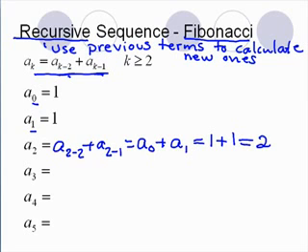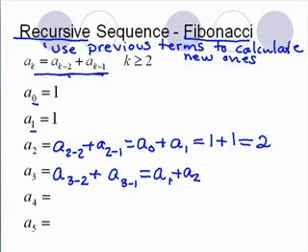Let's do a sub 3. Using, again, the recursive relationship, a sub 3 minus 2 plus a sub 3 minus 1 is going to equal a sub 1 plus a sub 2, which is 1 plus 2, which is 3.